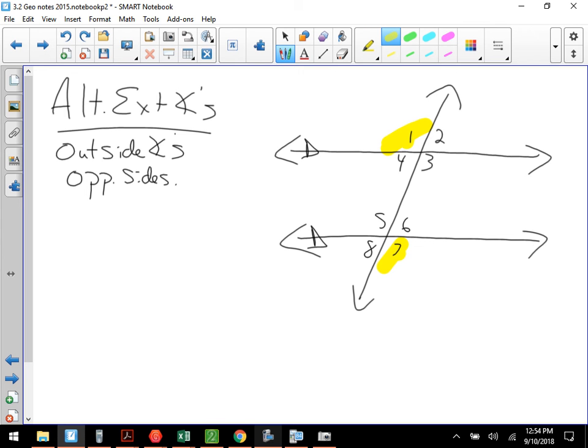When they're parallel like this, we have alternate. Opposite side on outside.